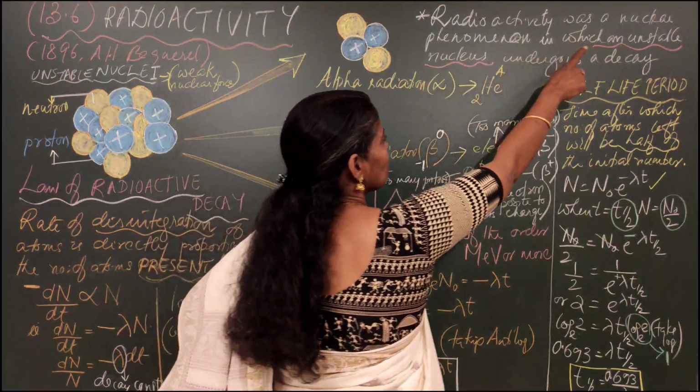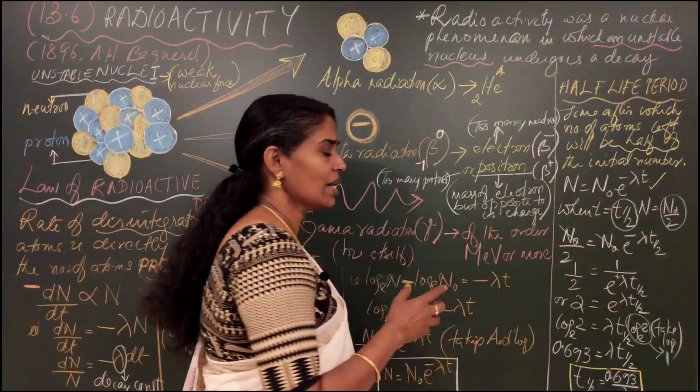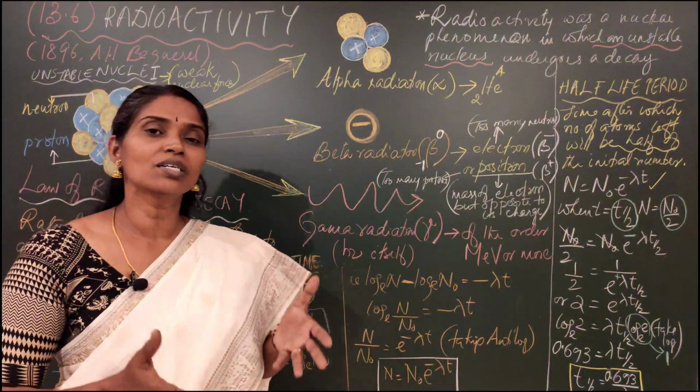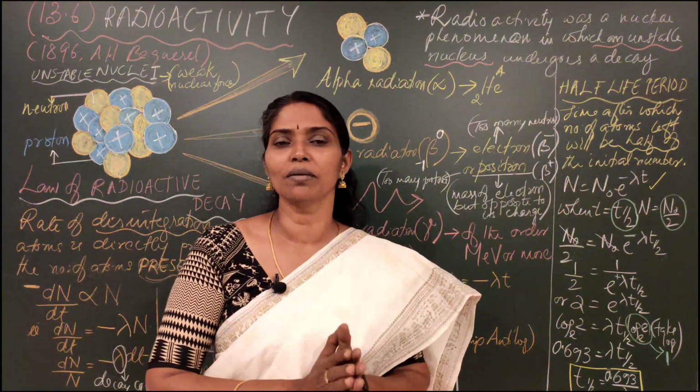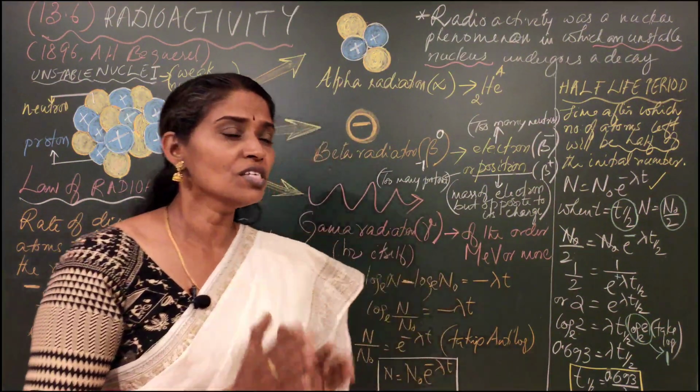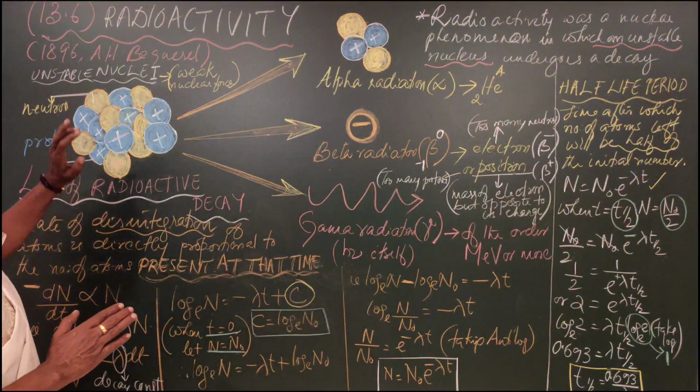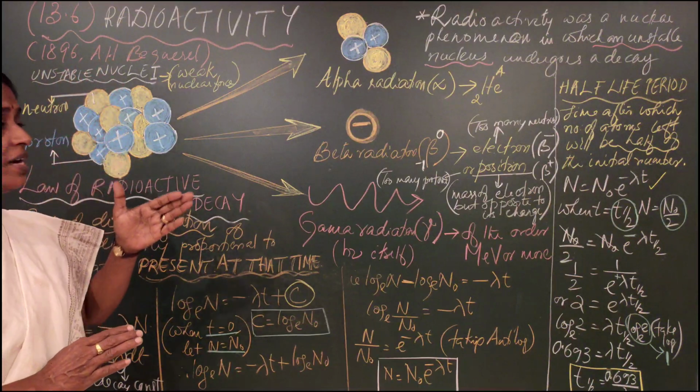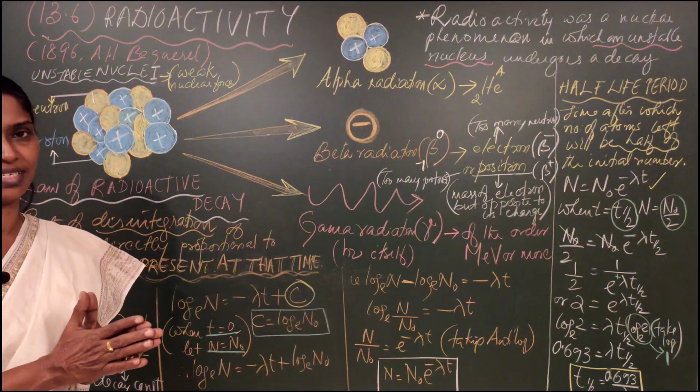So radioactivity is a nuclear phenomenon in which an unstable nucleus undergoes decay and finally becomes stable. This was explained by the scientist A.H. Becquerel in the year 1896.